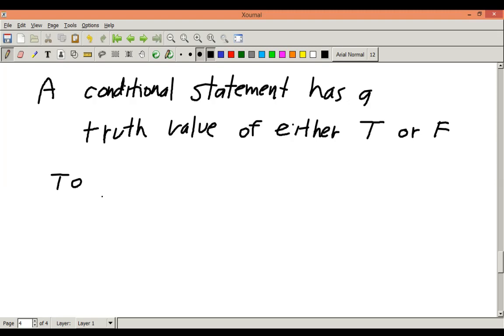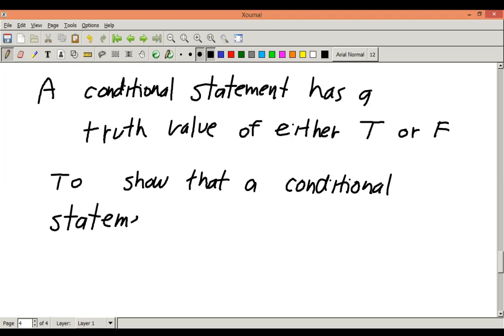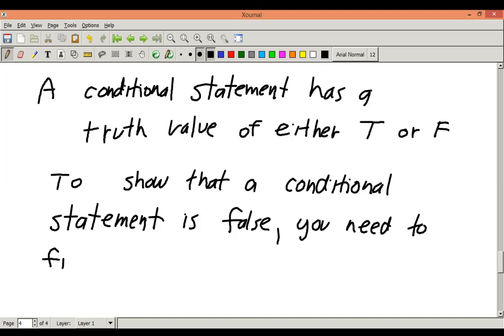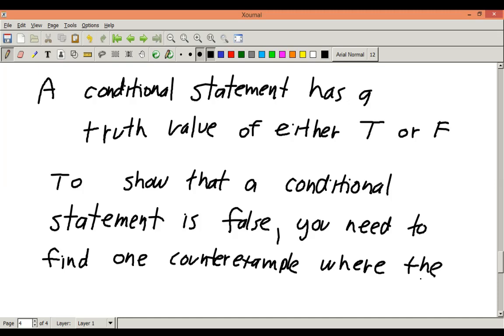To show that a conditional statement is false, you need to find one counterexample where the hypothesis is true and the conclusion is false.